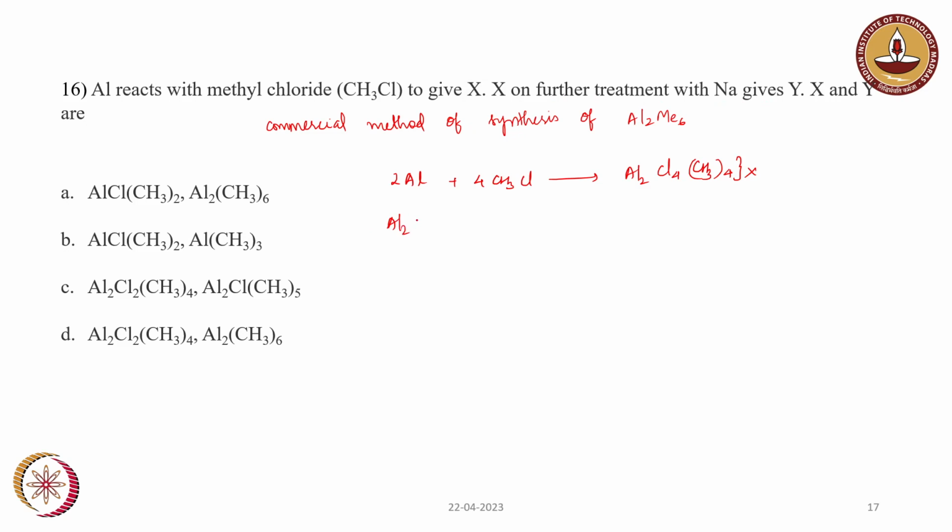So Al2Cl4(CH3)4 plus 6 sodium will give Al2(CH3)6 plus 6 NaCl.